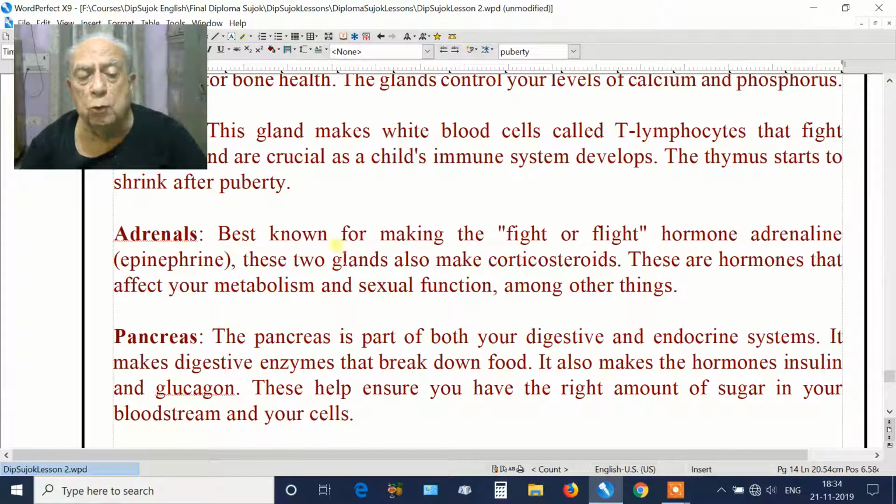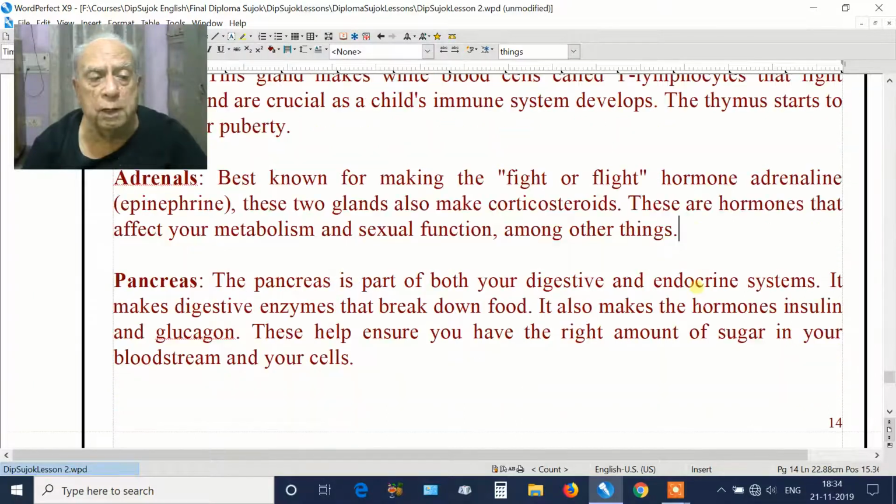Adrenals, best known for making the fight or flight hormone adrenaline. These two glands also make corticosteroids. These are hormones that affect your metabolism and sexual function, among other things. Usually, its role is in emergency cases. When you are in trauma, in shock, an accident happens, or somebody close to you has died, then adrenaline is produced by the adrenal glands, and that keeps you alive.